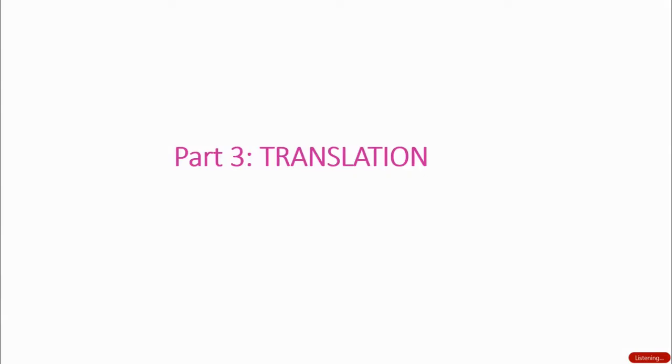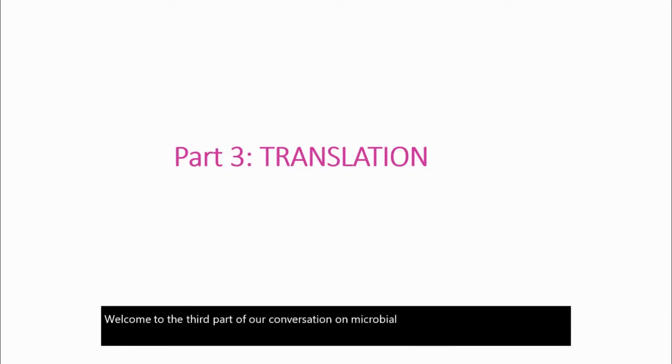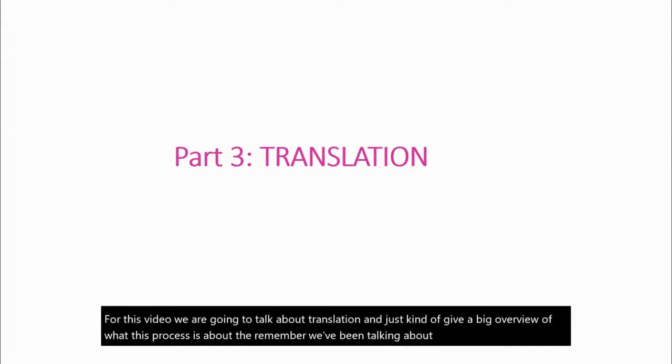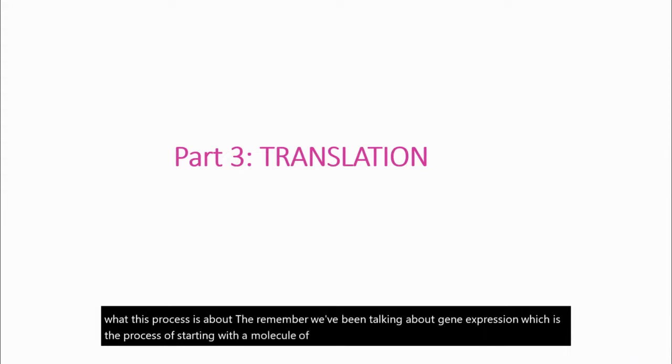Welcome to the third part of our conversation on microbial genetics. For this video, we are going to talk about translation and give a big overview of what this process is about. So remember, we've been talking about gene expression, which is the process of starting with a molecule of DNA, using one of its strands to create a single-stranded molecule of RNA, which that process is called transcription.